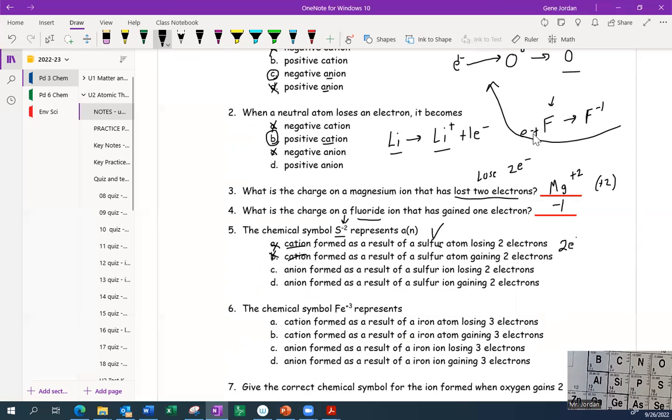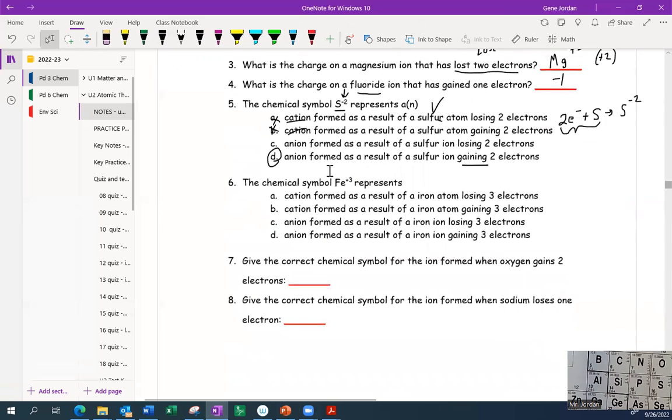So we had to have 2 electrons join up with a sulfur atom, and after they join up, sulfur will carry a -2 charge. And so right here, we're going to say anion formed by gaining 2 electrons. If you notice in this formula, it has gained 2 electrons. So it's option D, if that makes sense. These will be useful because most of your homework is multiple choice.